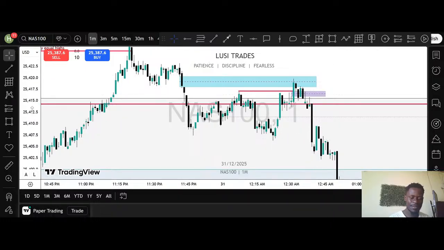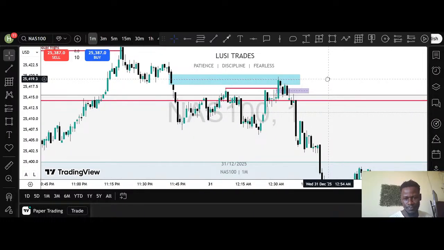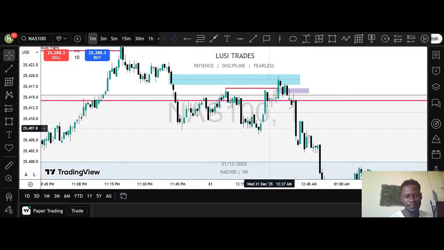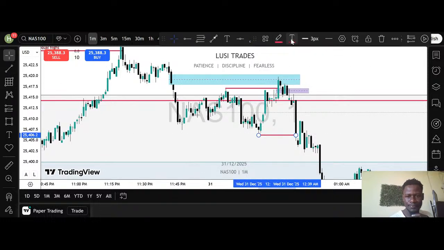So all of this is happening inside the new week opening gap. So high, low, high. Speed and distance. So let me just highlight this so that you guys can see what I'm talking about.